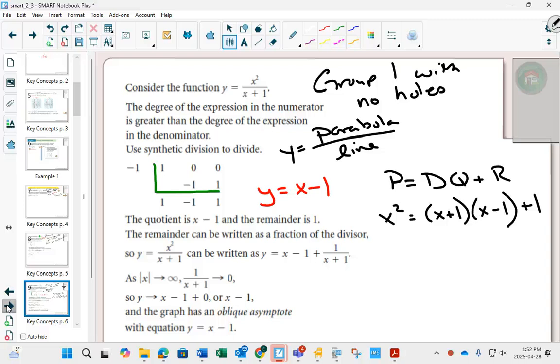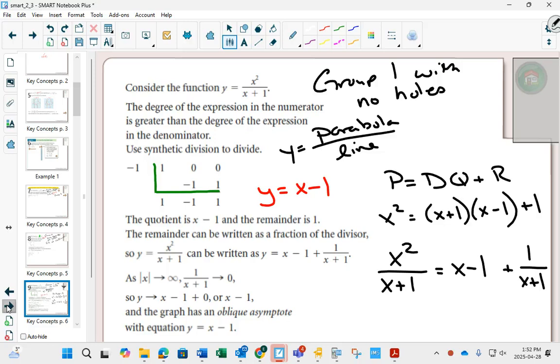If you divided everything by the x plus 1, you'd be left with an x minus 1, and the 1 would have to also still get divided by an x plus 1.